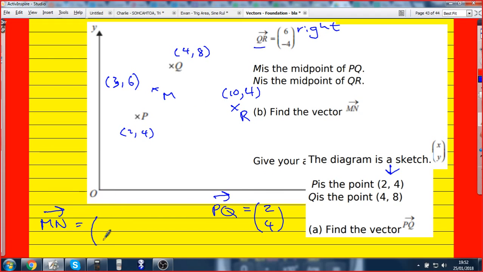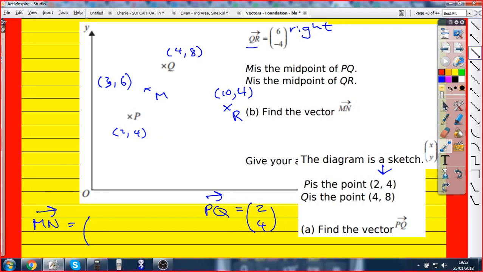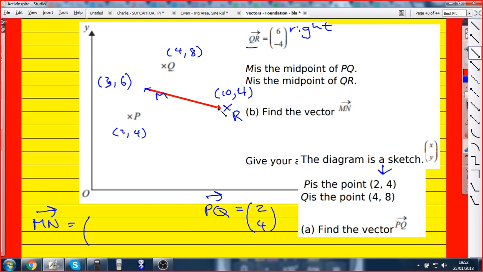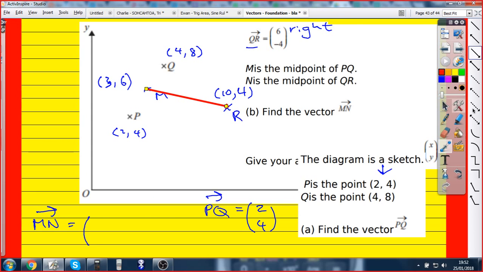So you do 3, 6, add 10, 4. You're not adding them. Find the vector. So you started at 3, 6. You went to 10, 4. By what vector did you travel?